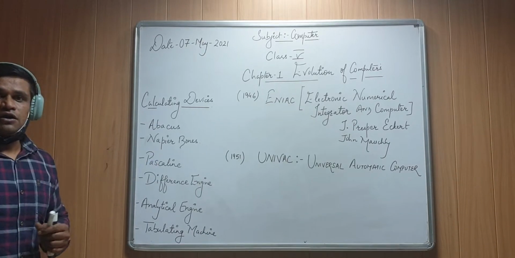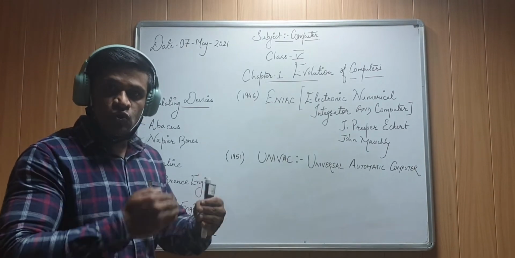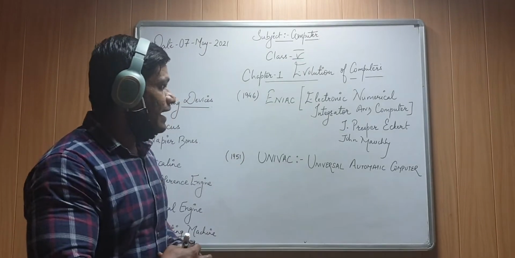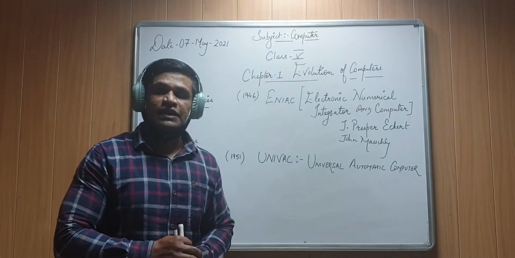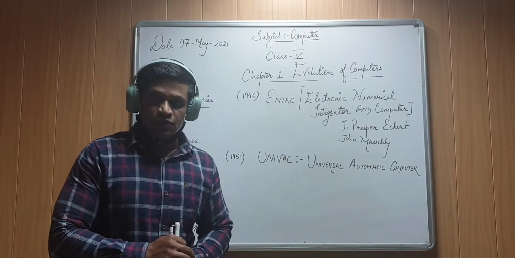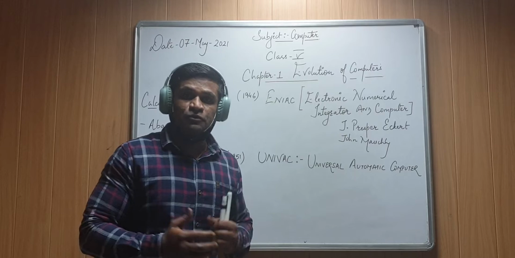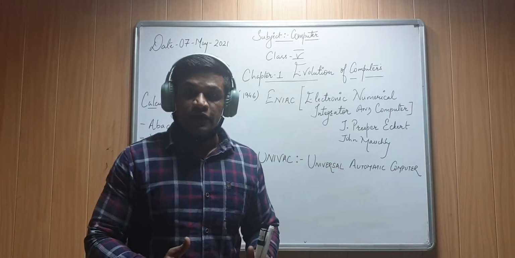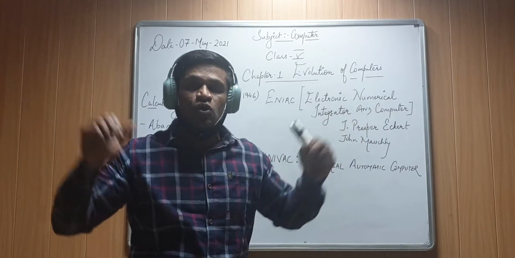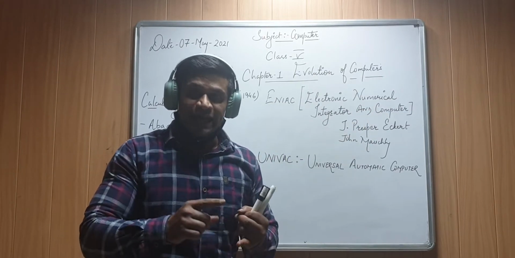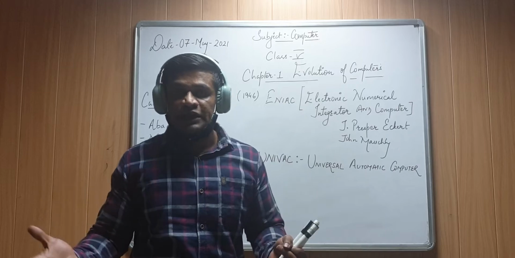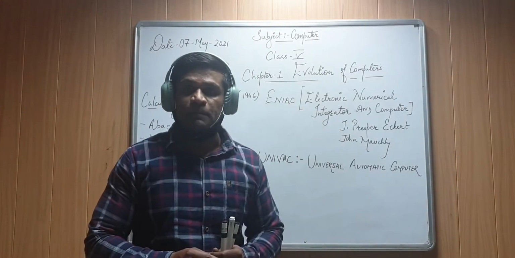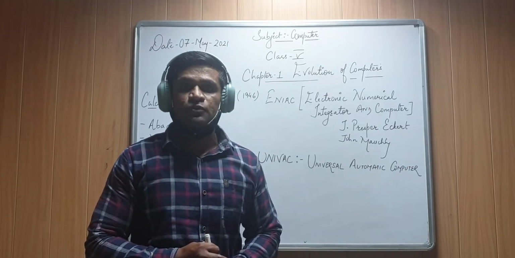In this chapter, we are studying how slowly the computing system developed and became the one which we see nowadays. In the previous time, the computers which were available were not so small. Rather, they required a complete room, and the electricity consumption and heat generation were so high that normal people were not able to afford a computer.